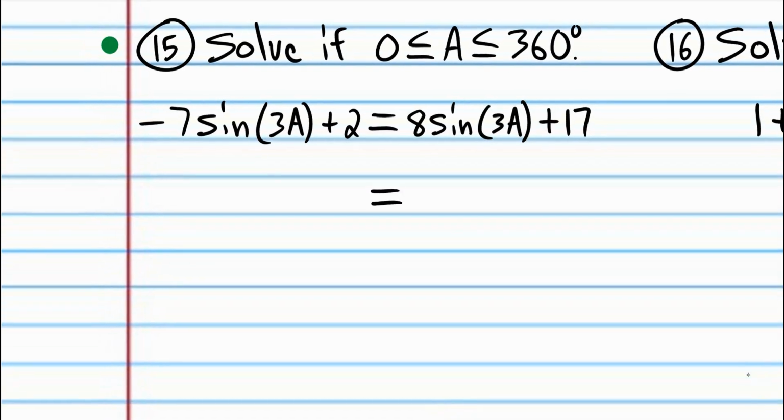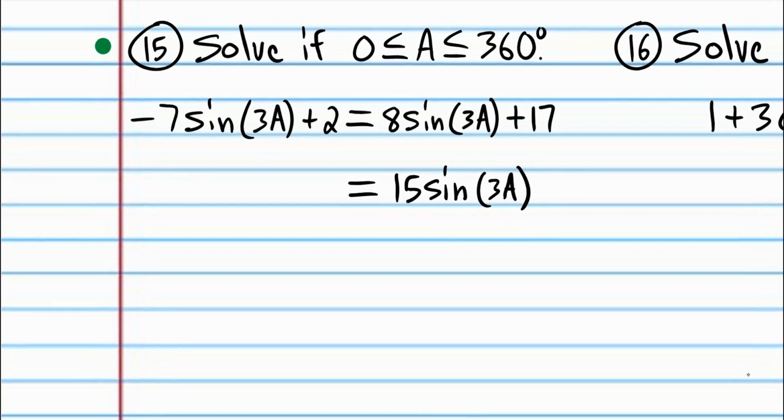Alright, we're back. I'm going to add 7 sine 3a to both sides. 8 sine 3a plus 7 sine 3a is 15 sine 3a. And I'm going to subtract 17 from both sides. Well, maybe I'll show that step.